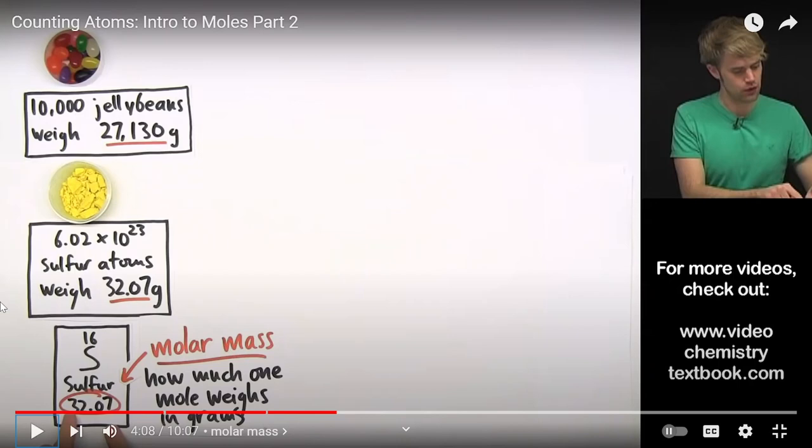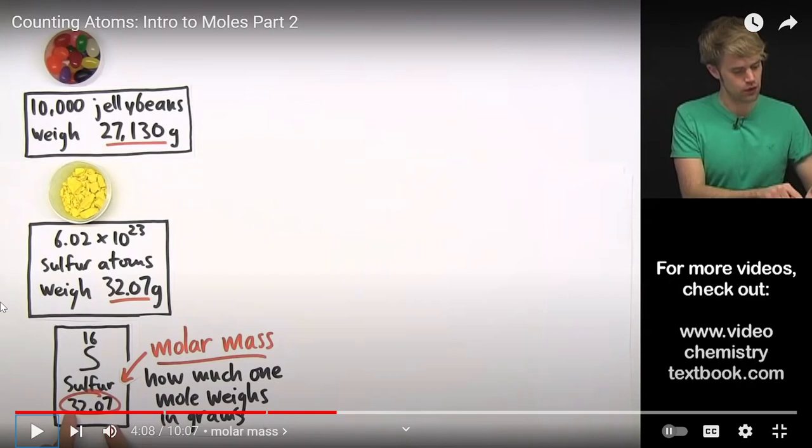So we're basically scaling up from AMU to grams. And it's not a nice scaling factor like, oh, a gram is 1,000 times bigger than an AMU. A gram is actually 6.02 times 10 to the 23 times bigger than an AMU.